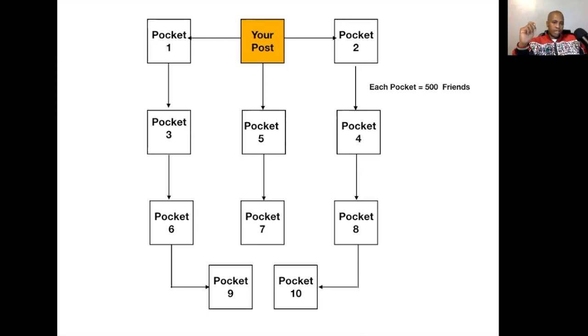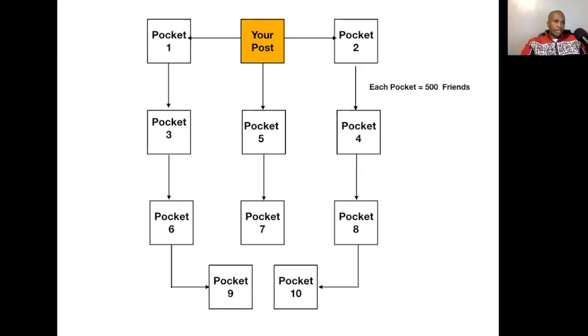And the first pocket, they actually engage on it. What will they do? They will now show it to the second pocket. And when the second pocket also engages on it, they will show it to the next pocket.